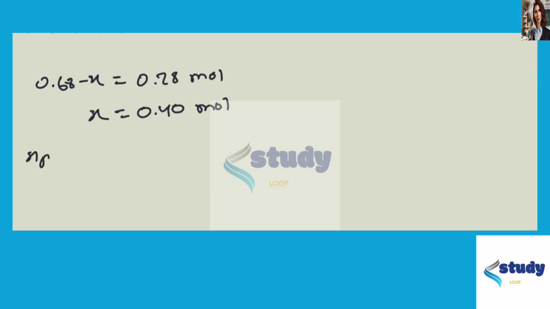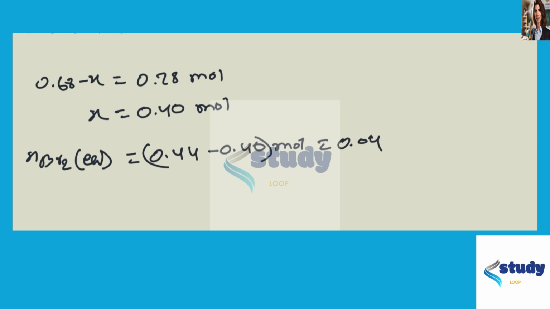So the number of moles of bromine at equilibrium will be 0.44 minus 0.40, which will give us 0.04 mole, and the number of mole of HBr at equilibrium will be 2 times 0.4, that means 0.80 mole.